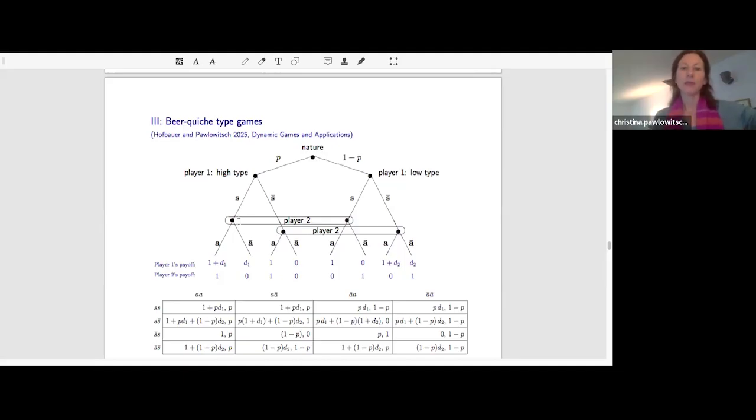When the high type produces S, this gives her or him a positive payoff increment little d1. The low type gets a pleasure out of producing S bar. This gives the low type a payoff increment d2. We can think of this, for example, as different preferences for different styles.